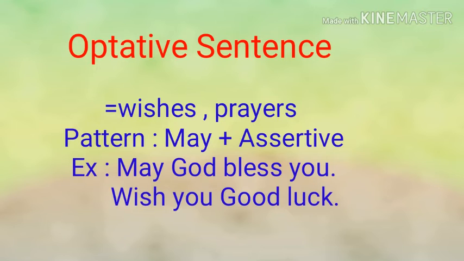For example, may God bless you, may you live long. But there are certain sentences where it doesn't start with may, as may is omitted. For example, wish you a bright future, wish you good luck. So this kind of sentences.